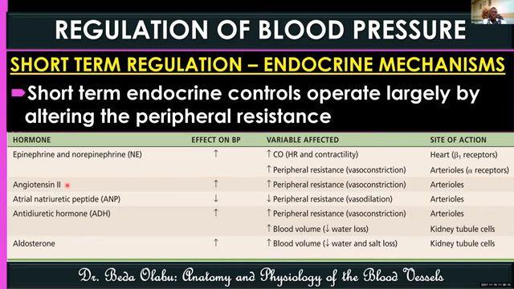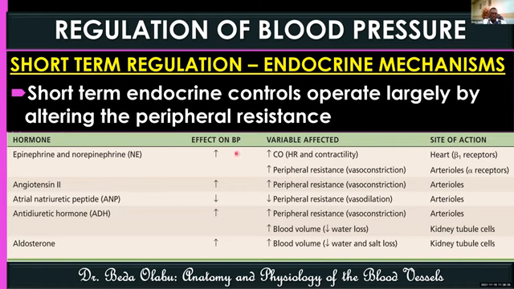The other hormone is angiotensin II. Angiotensin II increases blood pressure because it causes vasoconstriction. So its targets are blood vessels. The other hormone is atrial natriuretic peptide.